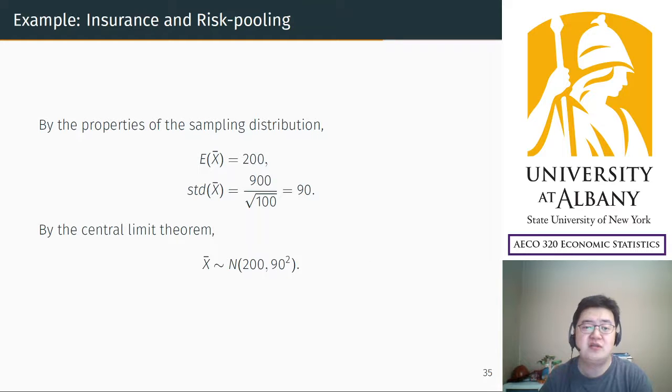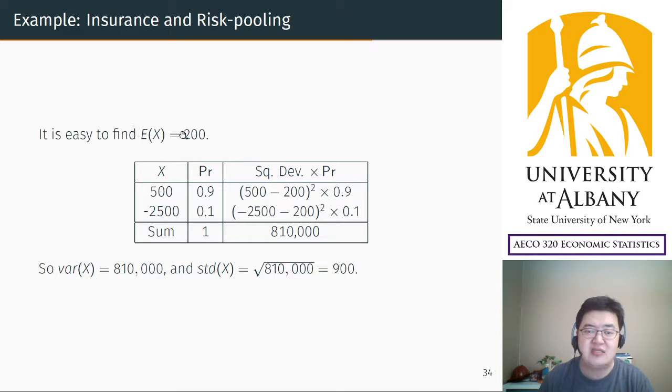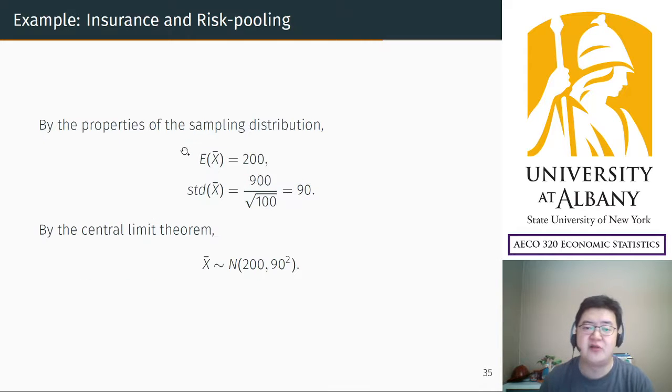And then using the properties of the sampling distribution, we know the mean of the average. Now we consider the average. The expected value of the average is $200 because this is the same as a single outcome's expected value, but the standard deviation of the average is different. 900 was the standard deviation of a single outcome, but you have to divide it by the square root of the sample size.